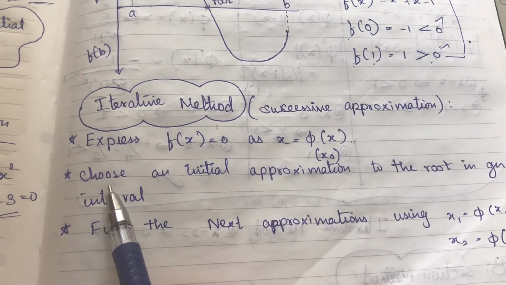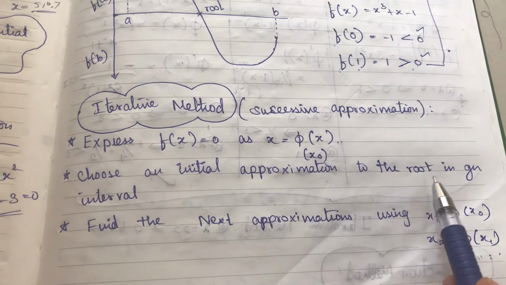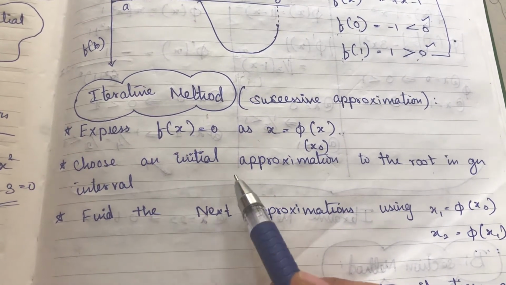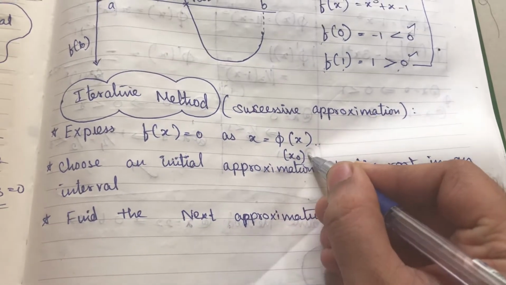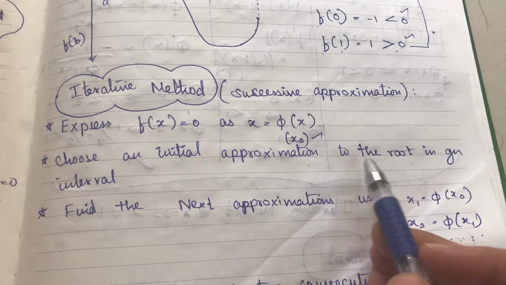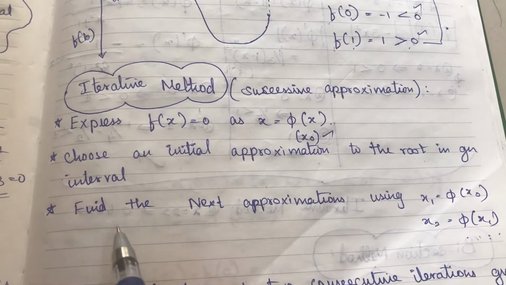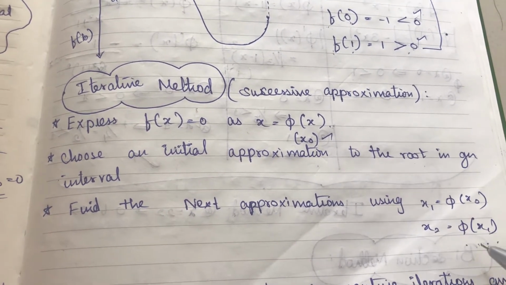Actually, choose an initial approximation to the root in the given interval. So we first need to find the initial approximation x naught to the root in the given interval. Next, find the next approximations x1, x2 using this function.